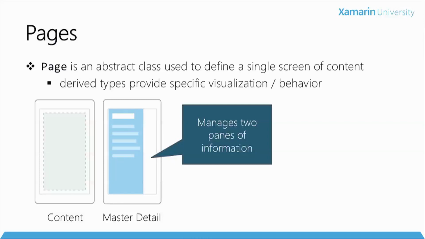When your application runs, the master detail page will be rendered differently depending on the platform or form factor that it's running on. So for instance, if you run on an iPhone, it will be a flyout menu or slide in menu or whatever you want to call it. So you can slide that in from the left to the right, or you have the famous hamburger button at the top.